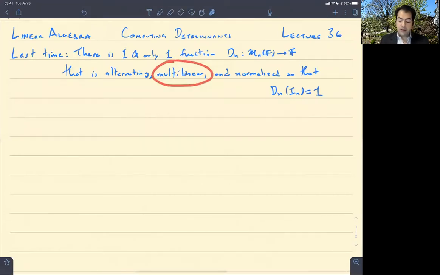Multilinear means that if you view this as a function of the columns of a matrix, then fixing all of the columns save one, this function is linear in that remaining column. And the normalization is precisely that it's equal to 1 on the identity matrix.